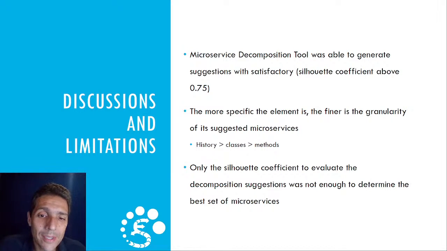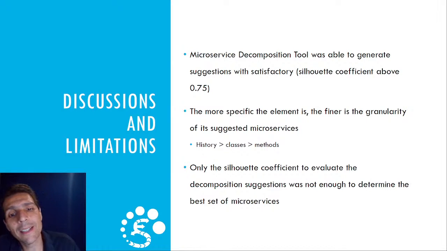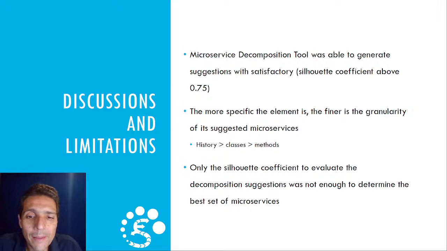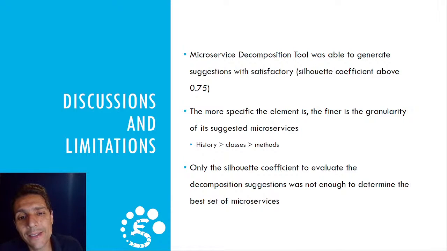As I told, the change history usually changes more than one file. The class usually lies within one file, and usually one class has a lot of methods, so that's why we have these hierarchical measures. And that's why the similarity, the intersection of methods, is higher than the history.